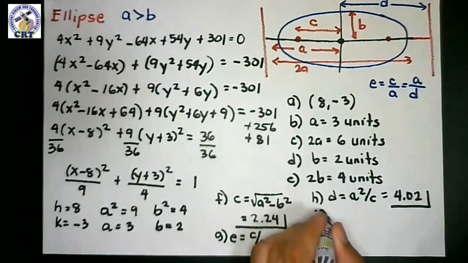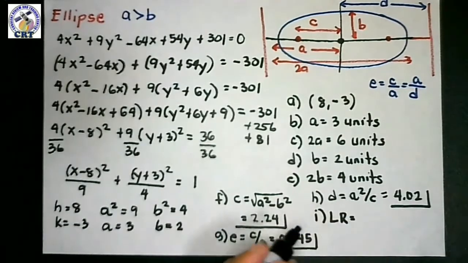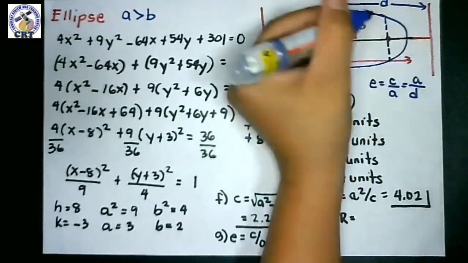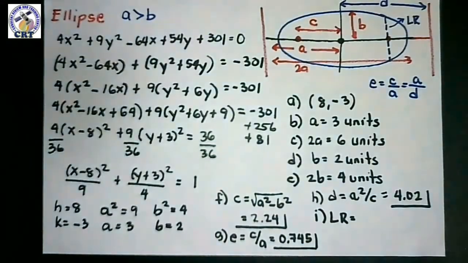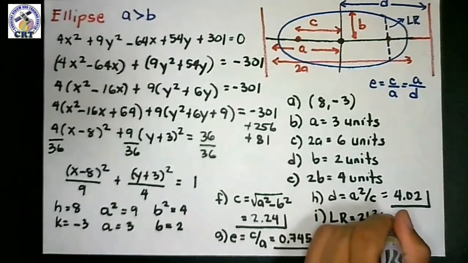And then last, for number 15, latus rectum. Length din yan. Saan ba makikita ang latus rectum? So, based from previous discussion natin, yung drawing, makikita nyo yung latus rectum dito. Ito ang latus rectum. So, ang latus rectum para naman sa ellipse ay 2b squared over a.